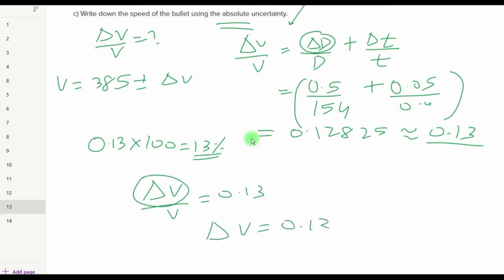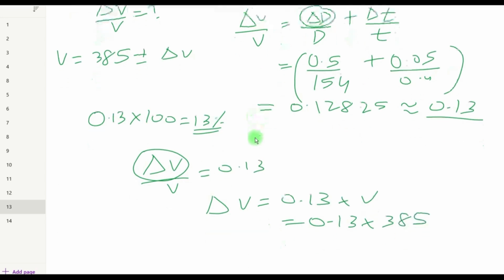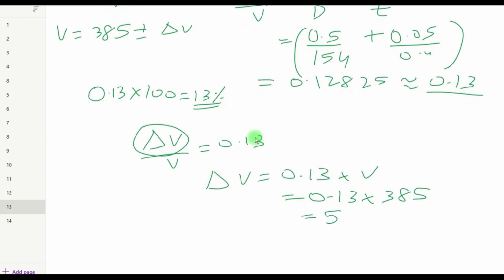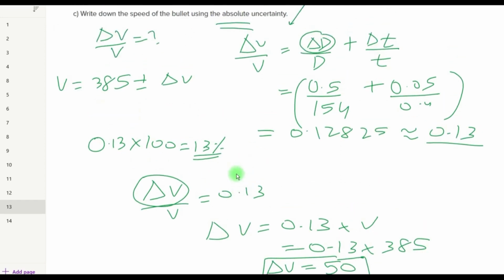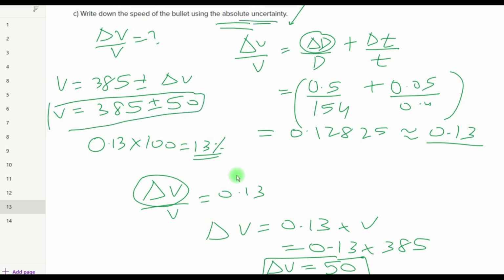So that can be written as 0.13 times V. V is 385, so if we solve this calculation, we get approximately 50. So delta V, 50, is the absolute uncertainty in the measurement of the speed. If we put the value of delta V in this, this is the answer to part C. This is how we express the speed of the bullet using the absolute uncertainty, which is 50 meters per second.